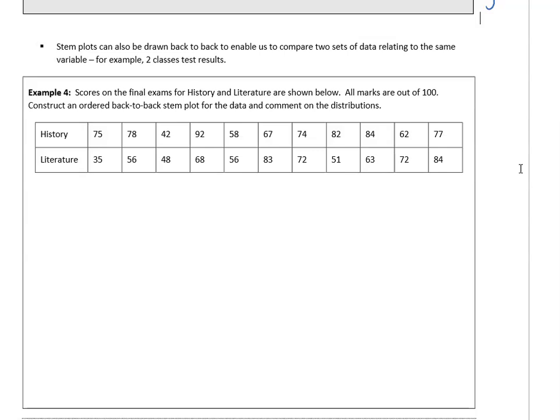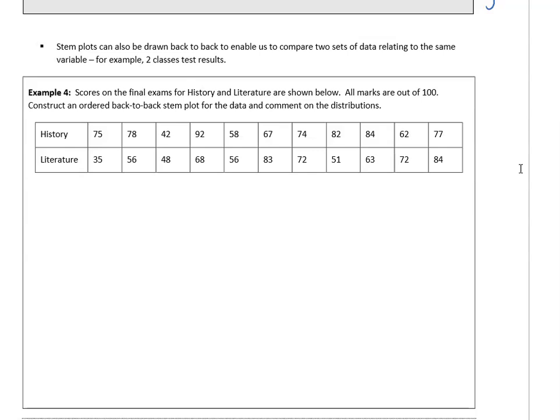As we said before, there is also the ability to draw these back-to-back stem plots. So if I wanted to compare data between 2 different sets, in this case I have the final exam scores for history and for literature, and all marks are out of 100. And so we want to construct a back-to-back stem plot and comment on those distributions.